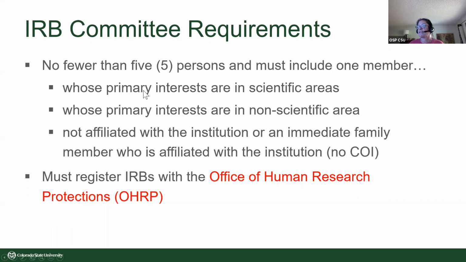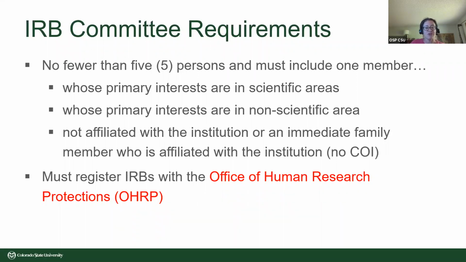At least one has to have a primary interest in a scientific area, one in a non-scientific area. There should be at least one individual not affiliated with your institution or an immediate family member of somebody affiliated with the institution. So no conflict of interest there, because you need that outside person to be impartial.